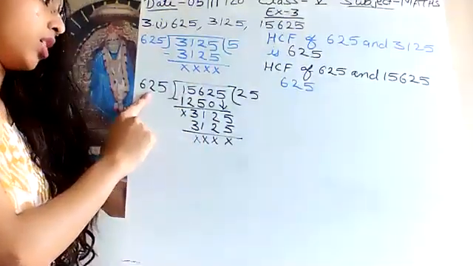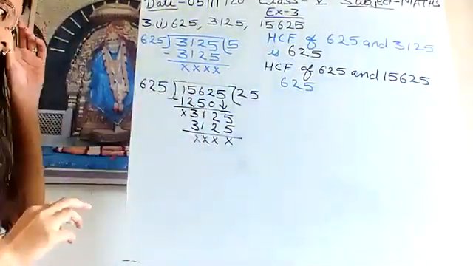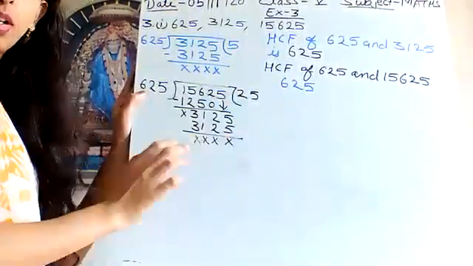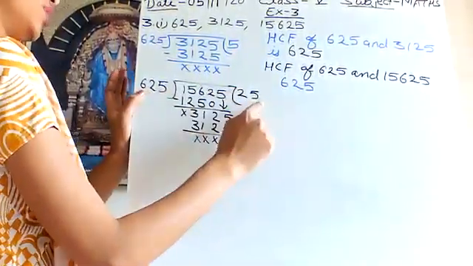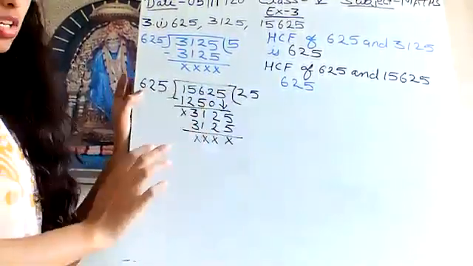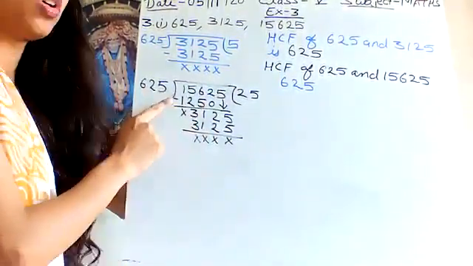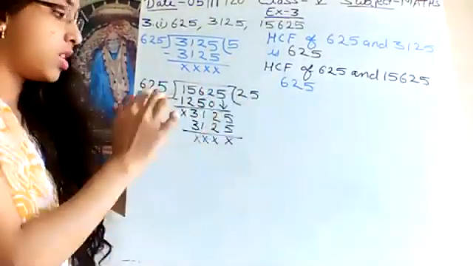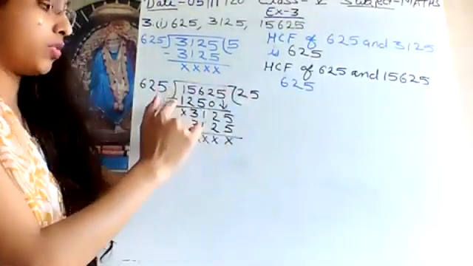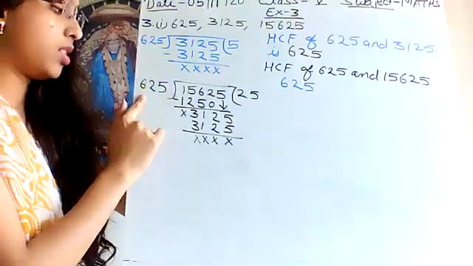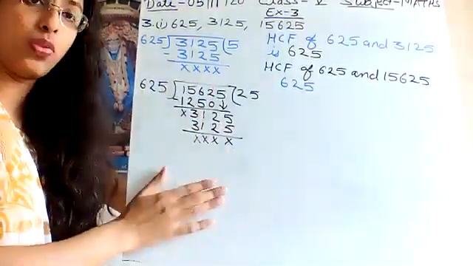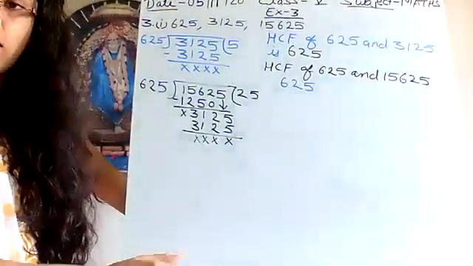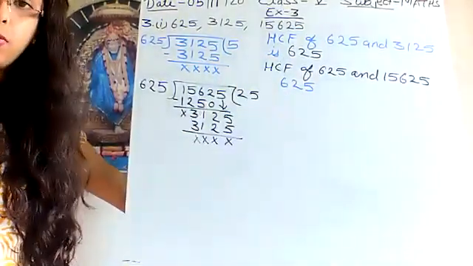So now after dividing, यहाँ पे I have done 625 2s are, but you can do directly 625 25s are 15,625. ठीक है. मैंने यहाँ पे आपको एक्सप्लेन करने के लिए इजी वे में ऐसे किया है. 625 2s are 1,250. Then we have taken 625 5s are 3,125. Okay, so HCF of 625 and 15,625 is also 625.